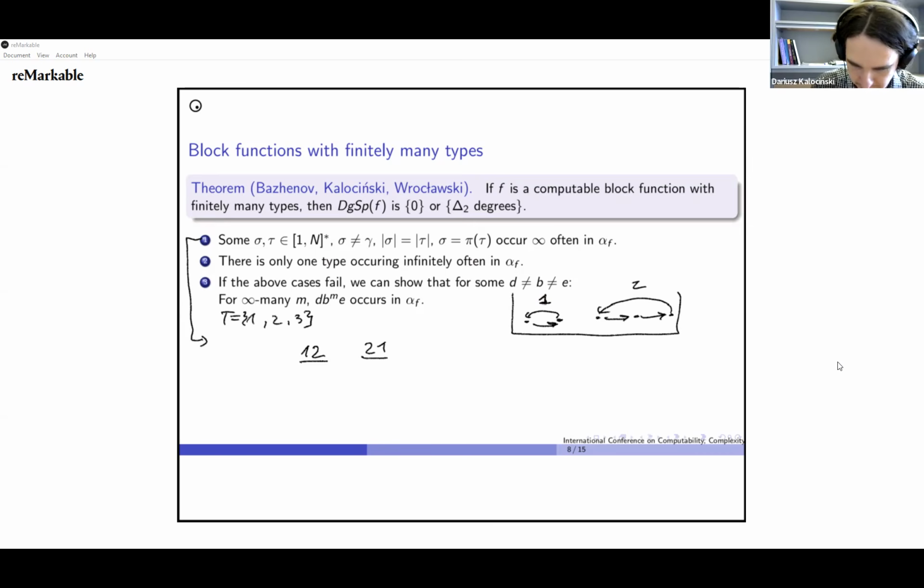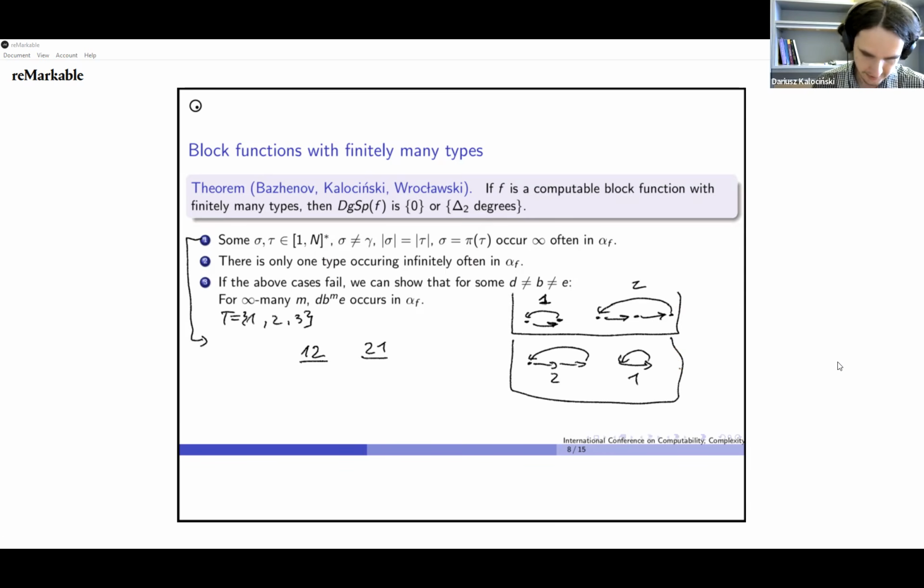So we see type 1, then immediately after that we see type 2, and in the reverse order as well, right? Type 2 and type 1. We see this, this and this infinitely often.